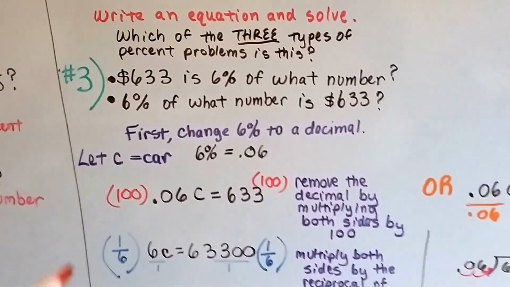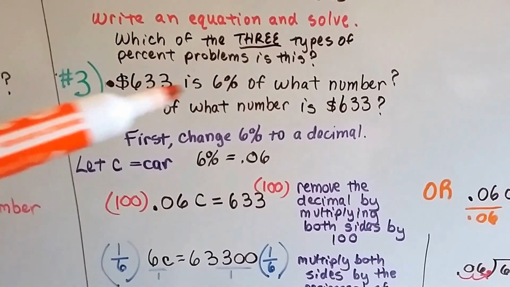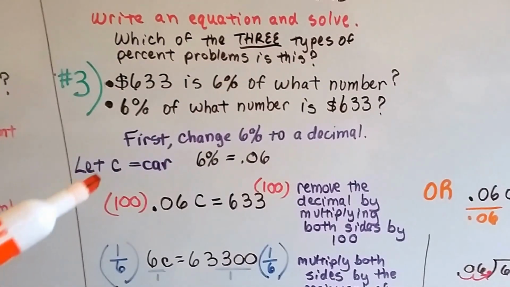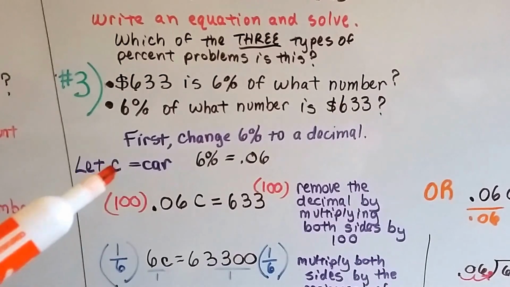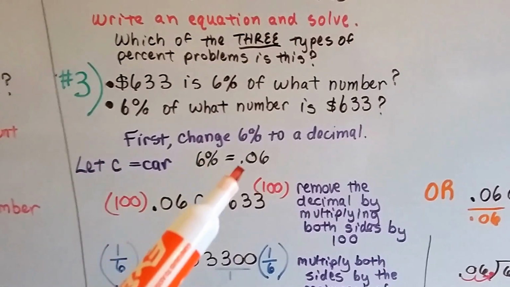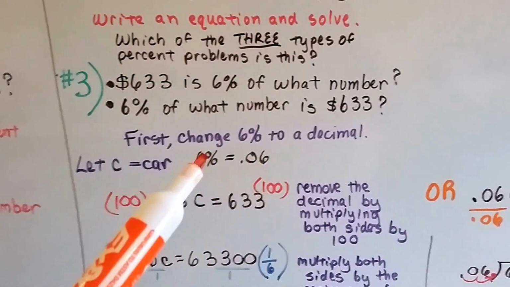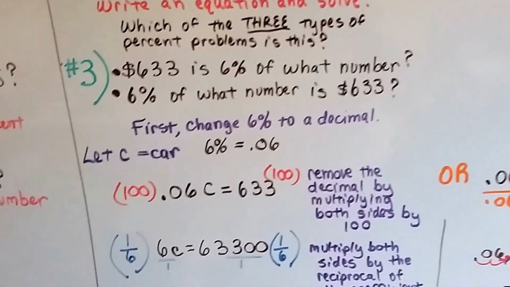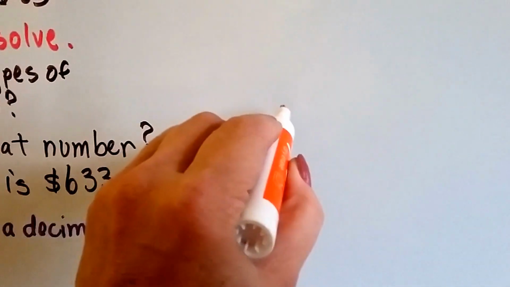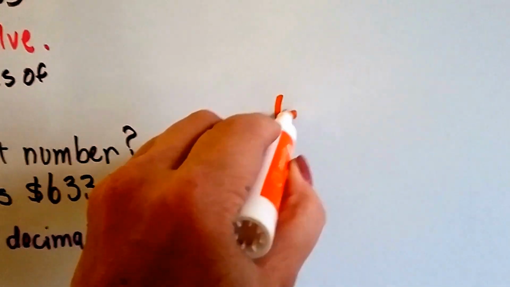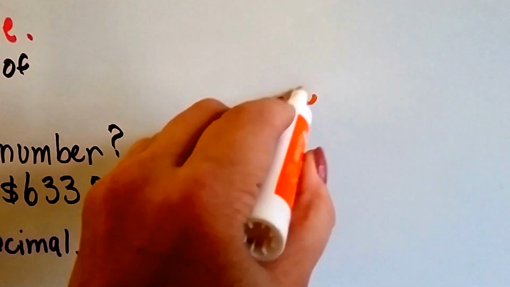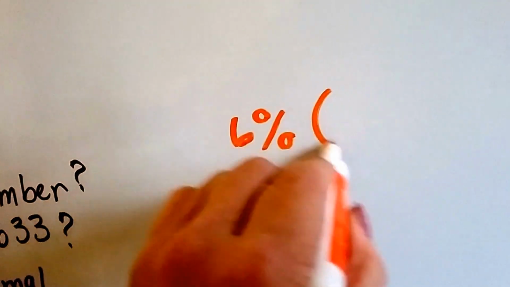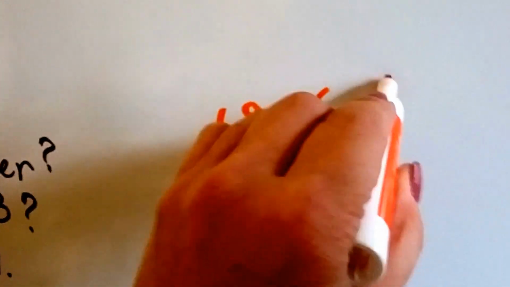So this is what we've got. We're using number 3, and that means we need to first change that 6% to a decimal. We're going to let C equal car. So 6% becomes 0.06. We just multiply it by 1/100th, right? What you do is you take the 6% and you multiply it by 1/100th, okay?